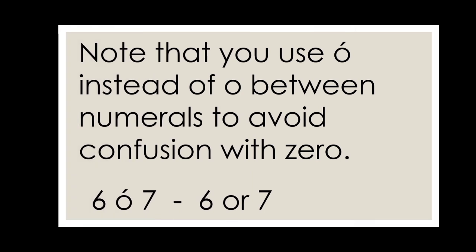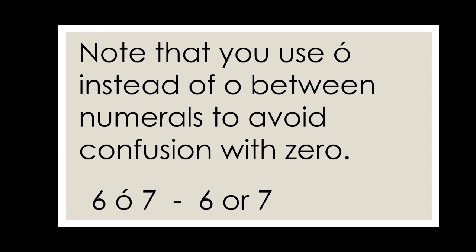Note that you use o with an accent between numerals to avoid confusion with 0. Okay, like seis ó siete. Seis ó siete. Okay, I hope you understand the difference. You can say like tendrás siete u ocho años.